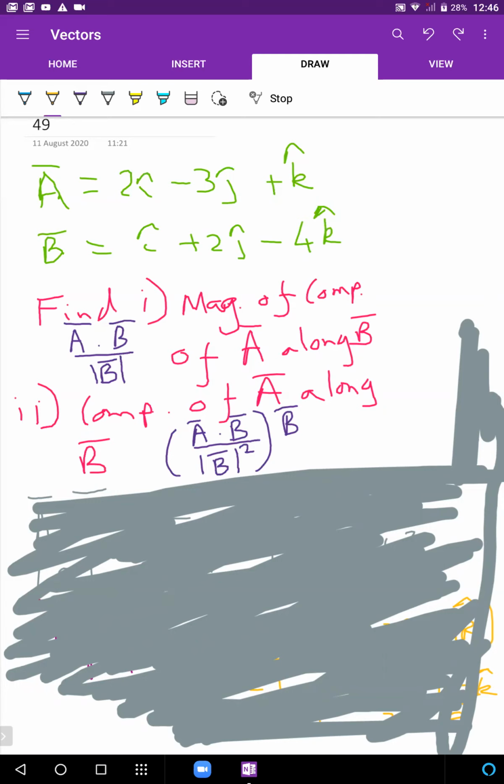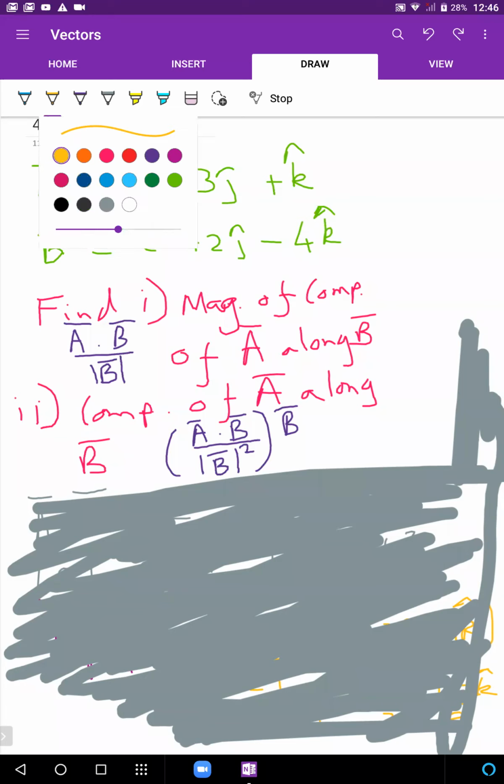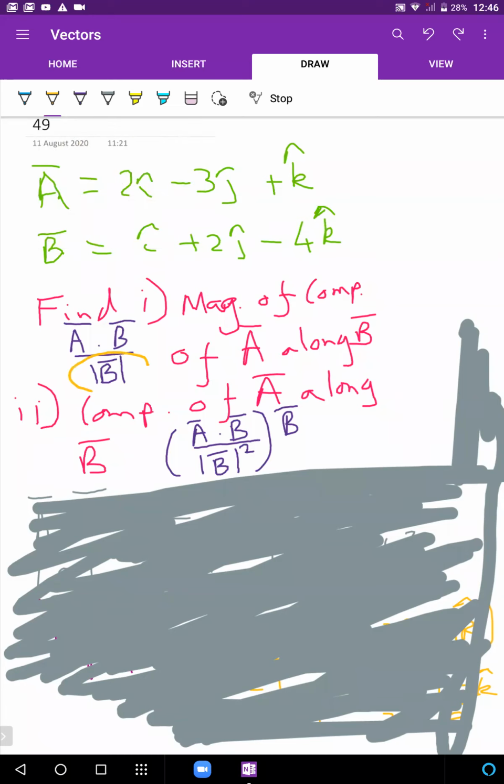Except, the first answer will have a root in the denominator. Some of you have not answered with the root. Yeah, this is magnitude of b. -4 by √5 is wrong.